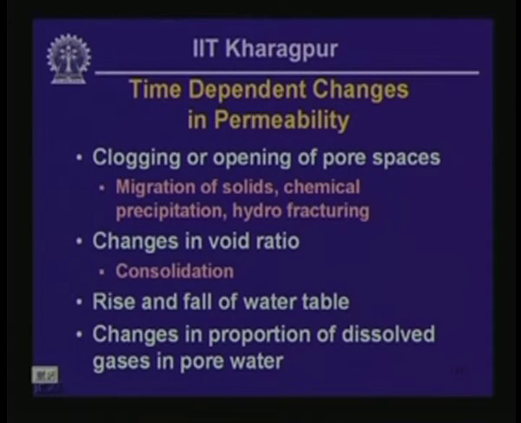On the other hand, if the pore space becomes larger, then the permeability is going to increase as the time passes, and this also can happen in case of hydrofracturing.